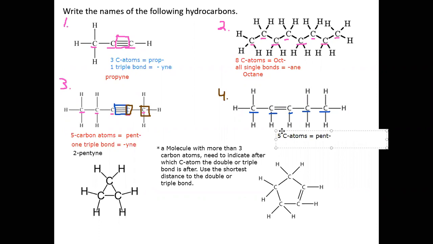And you notice here that we have 1 double bond. So since we have 1 double bond, we're going to use the suffix "ene".